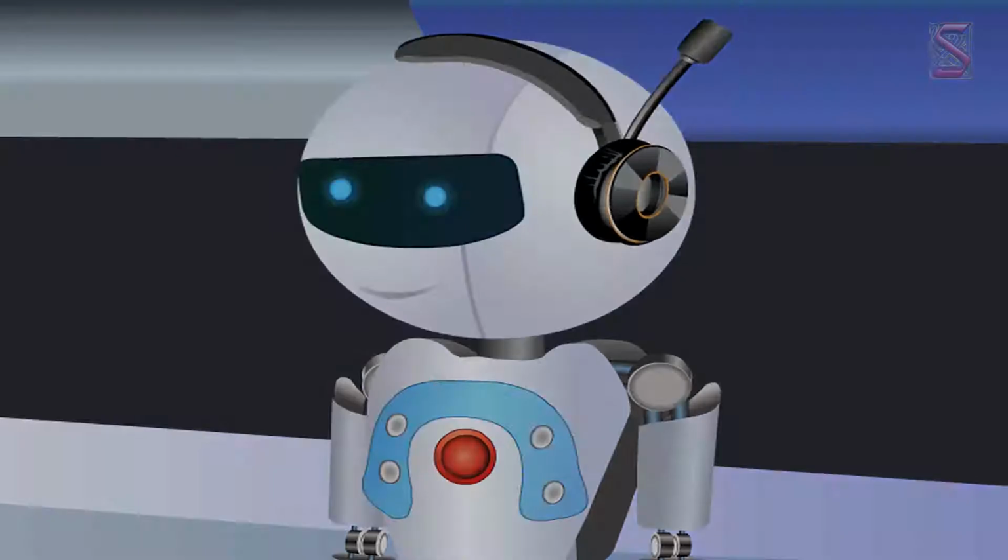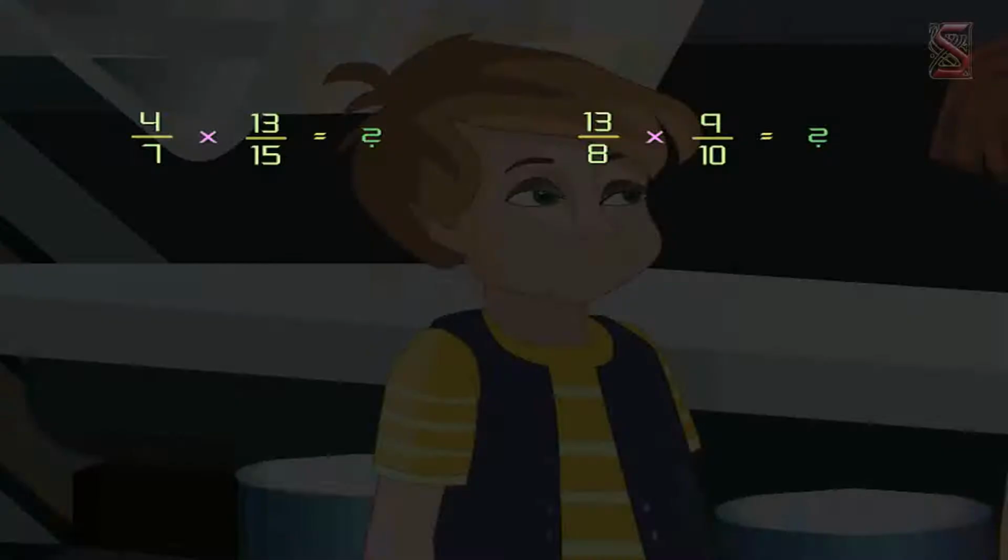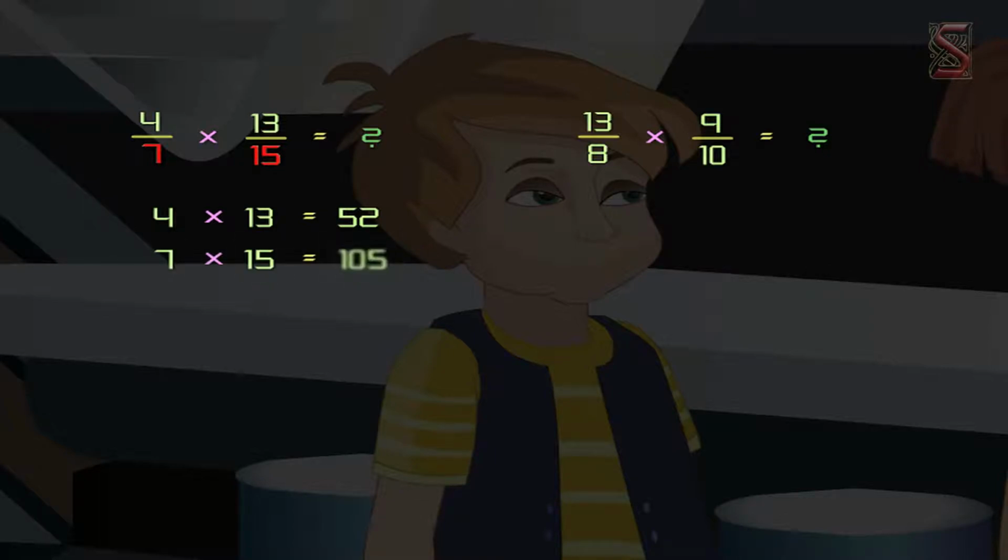Akash, what is 4 by 7 multiplied by 13 by 15 and 13 by 8 multiplied by 9 by 10? Multiplying the numerators separately, that is 4 into 13, we get 52. Multiplying the denominators separately, 7 into 15, we get 105.